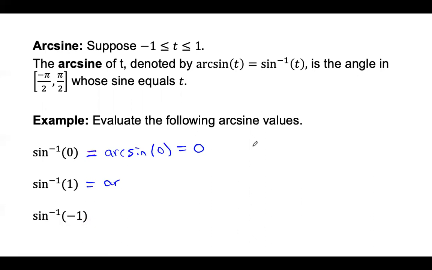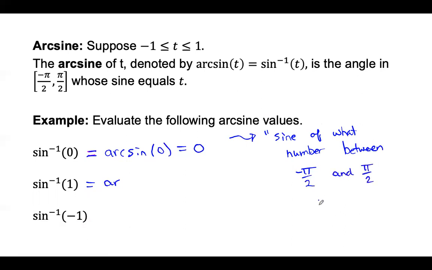How we think of this is we're looking for the sine of what number between negative pi divided by 2 and pi divided by 2 is equal to 0.